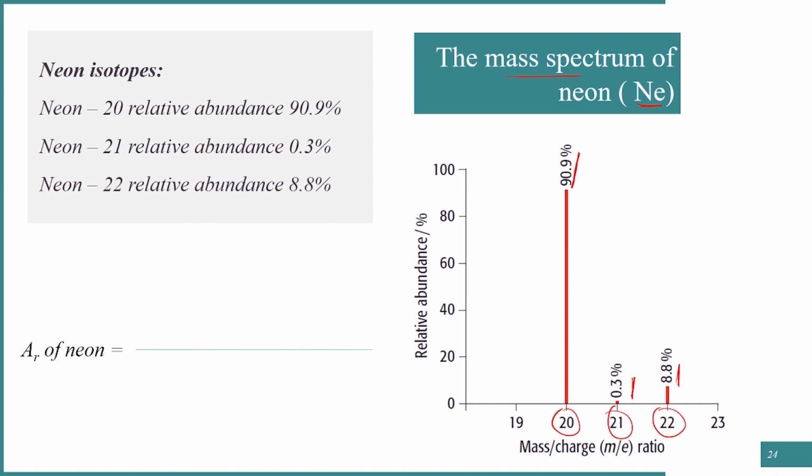The relative atomic mass of neon, Ar, is equal to the sum of the 3 isotopes' relative abundance multiplied by their atomic mass, divided by 100. The relative atomic mass of neon is equal to (20 multiplied by 90.9 plus 21 multiplied by 0.3 plus 22 multiplied by 8.8) divided by 100, equal to 20.2.